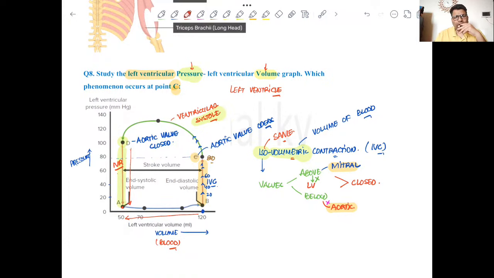Now as the ventricle keeps on relaxing, a time will come when the pressure in the left ventricle will be lower than the pressure in the left atrium, and the moment the pressure of the left ventricle is lower than that of the left atrium, there will be opening of the mitral valve. So the mitral valve opens, and blood will flow from the left atrium to the left ventricle, and therefore we will see that the volume of blood will increase, right?